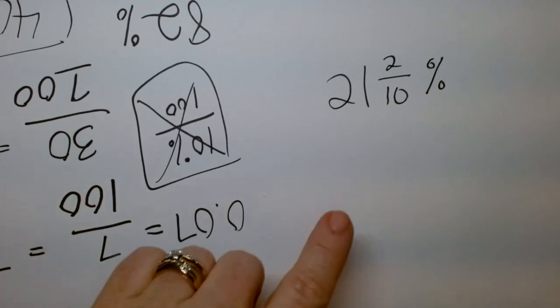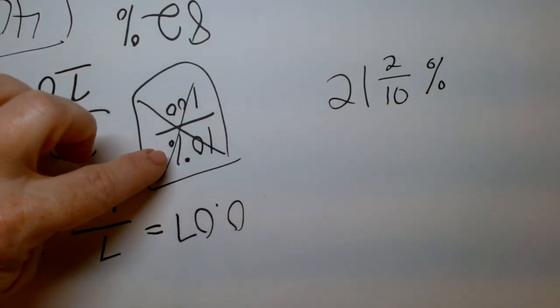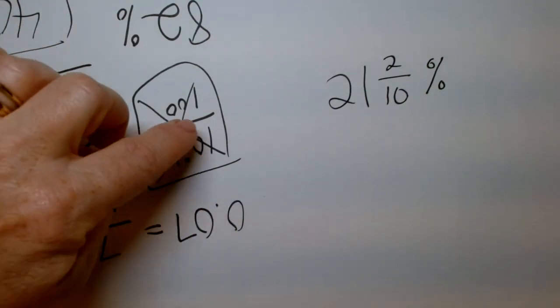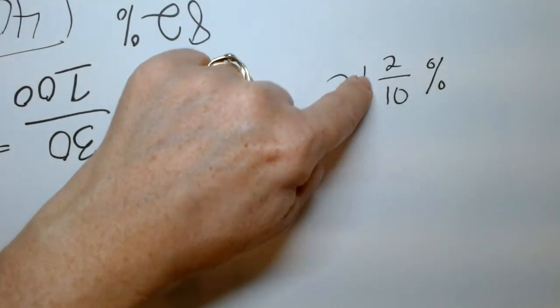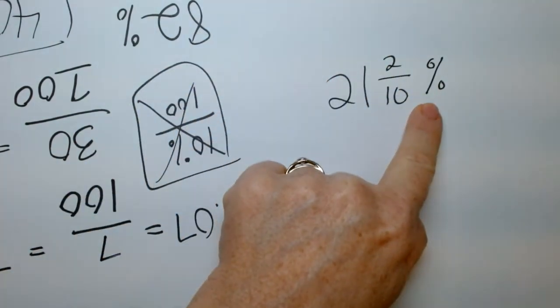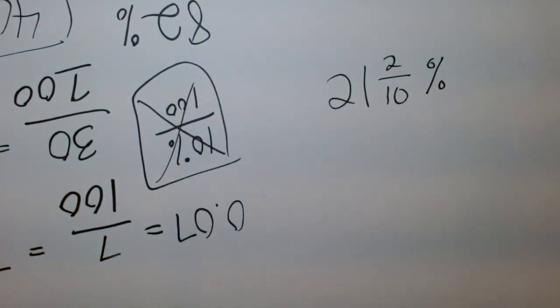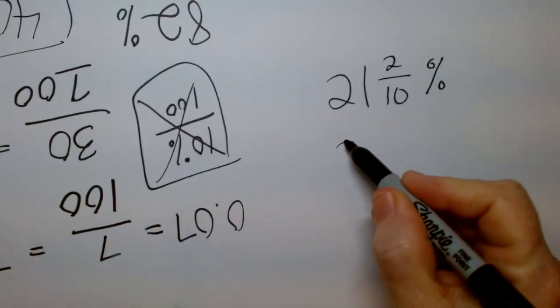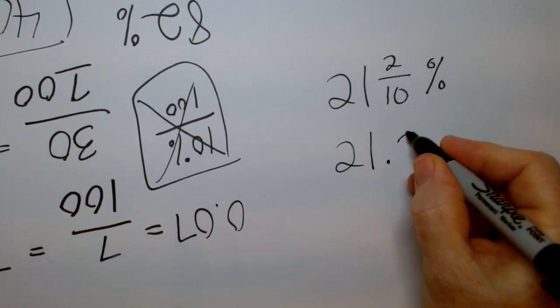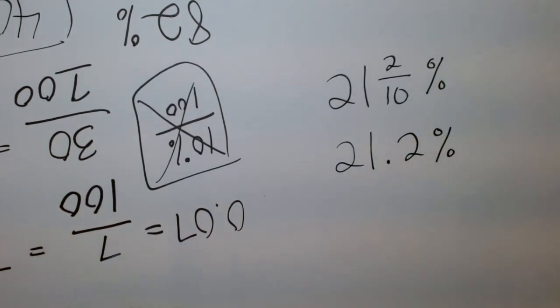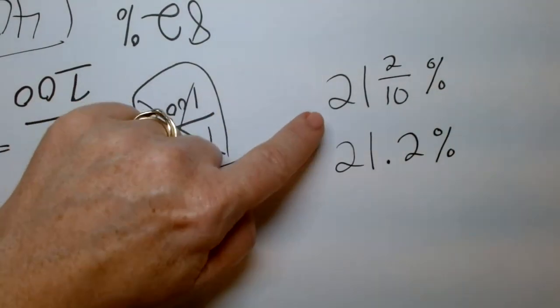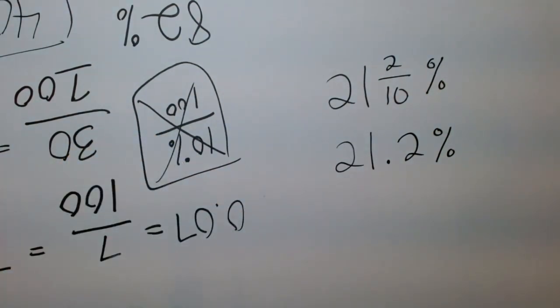Do you notice how it's upside down now, but the percent is not in the fraction? You can have this and then the percent sign after the fraction, but you wouldn't put the percent sign up by the 2. You see that? So you could write it this way, or you could write 21 2/10%. Are these two the same? Yes or no? Yeah, they are the same, aren't they?